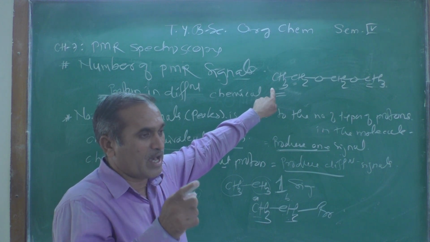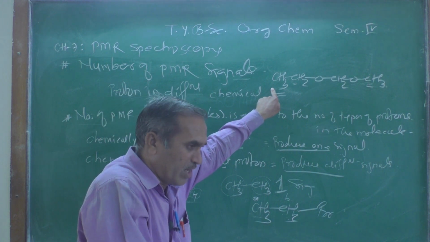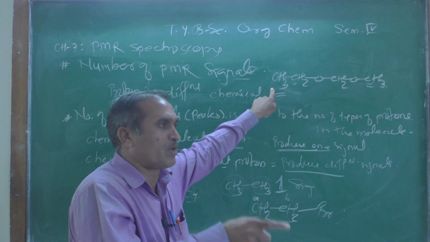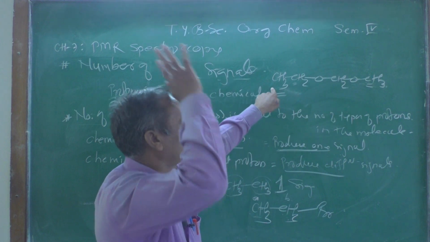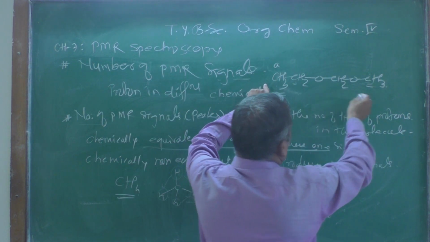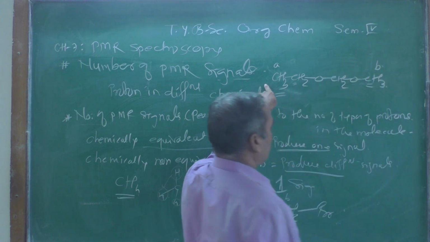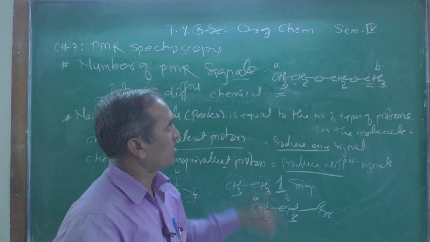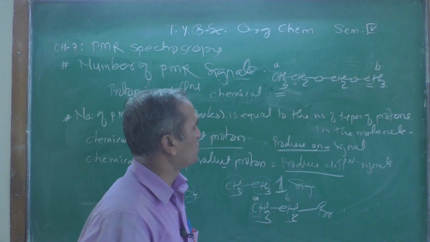Therefore they are chemically non-equivalent, and chemically non-equivalent protons produce different signals. So let us call them A and B. The two methyl groups are chemically non-equivalent, therefore they will produce 2 signals.